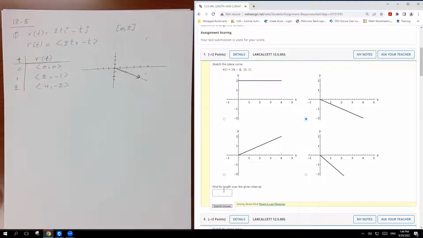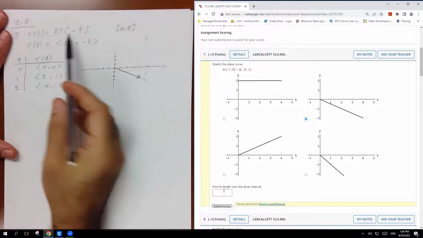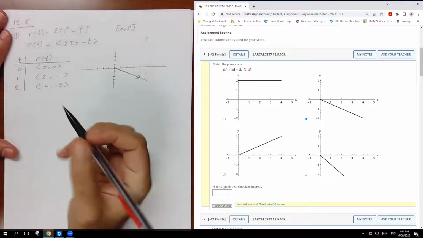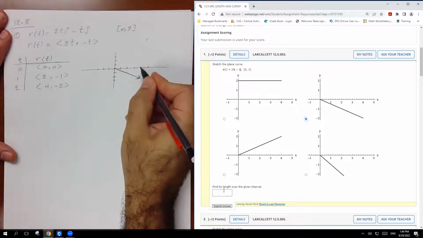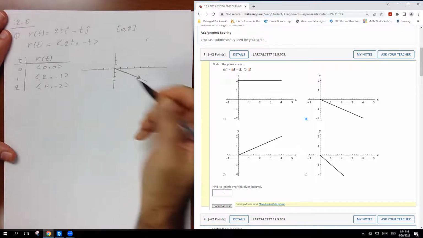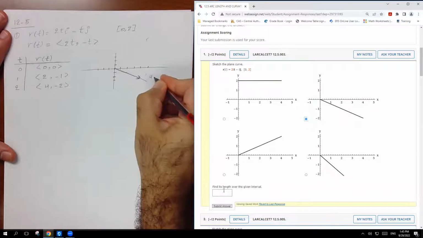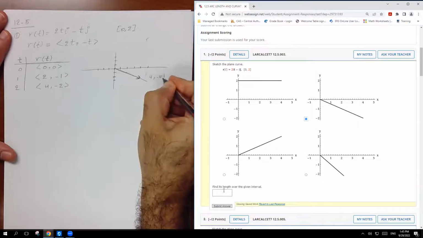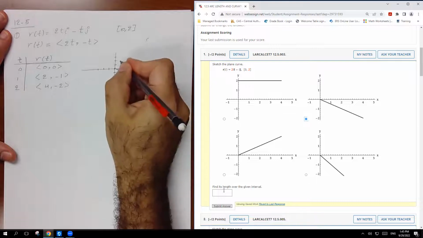Now let's find the length. This is linear. We have 2 ways to find the distance, which is the length from this point to this one. This point is 4 and negative 2, and this one is 0, 0.